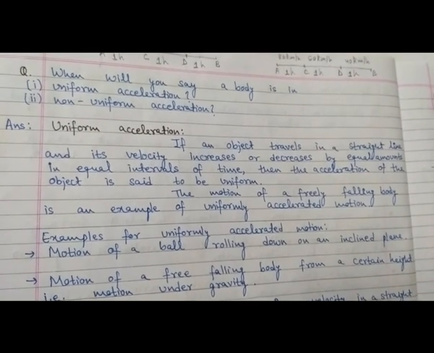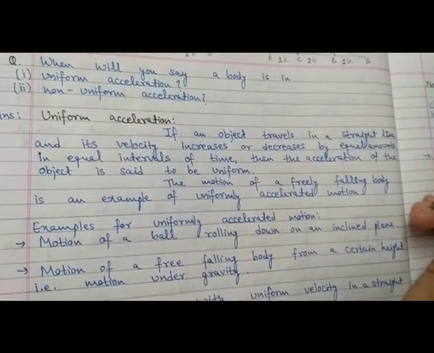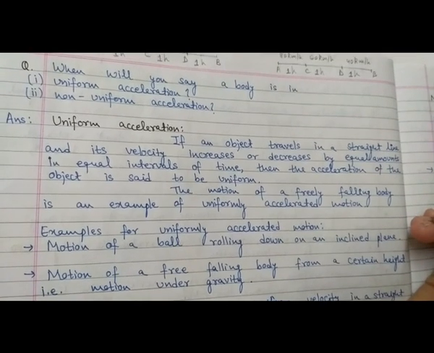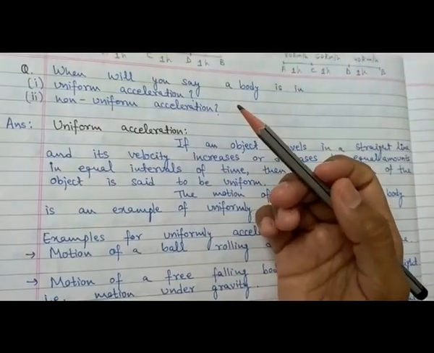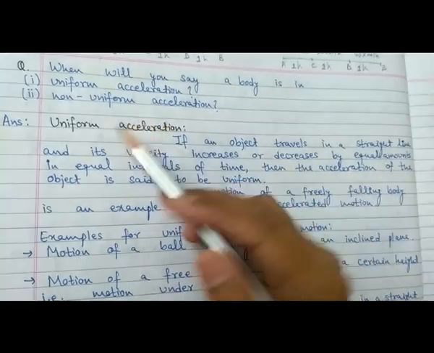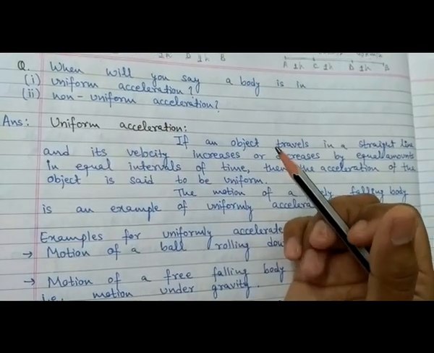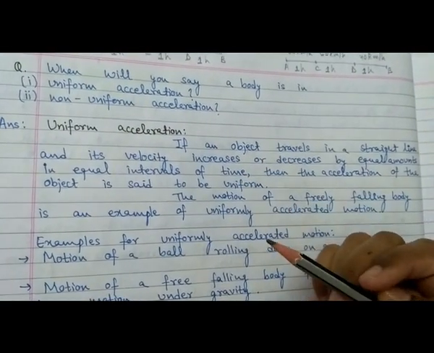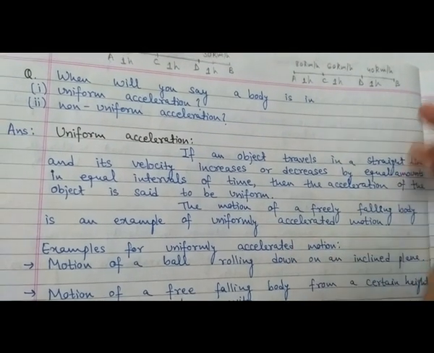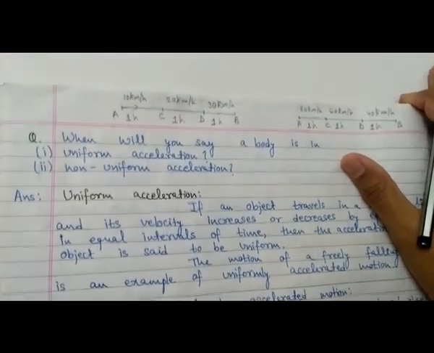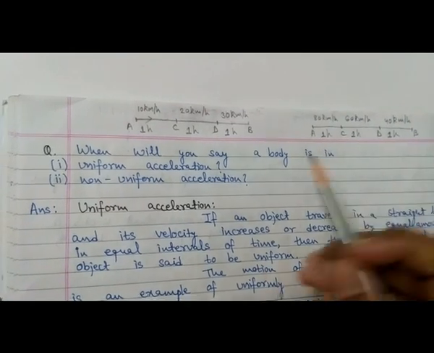Students, till now you have studied about acceleration. Acceleration can be of two types: uniform acceleration and non-uniform acceleration. Let's first study about uniform acceleration. Before going into the definition of uniform acceleration, let's understand it better with an example.